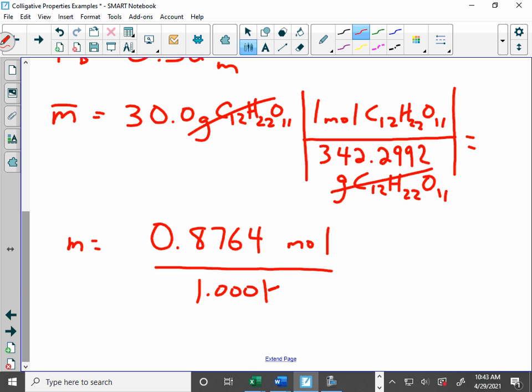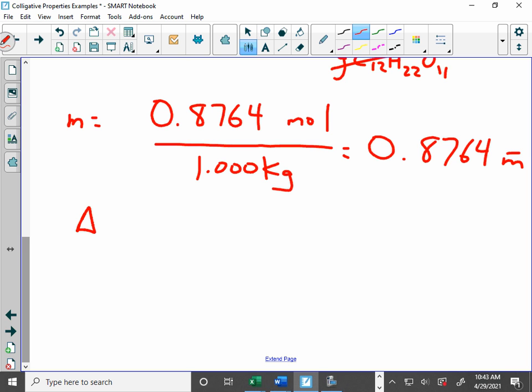So that's going to be 1 kilogram. So this is going to give me a value of 0.8764 lowercase m. So I now have my molality. I go back to my equation.